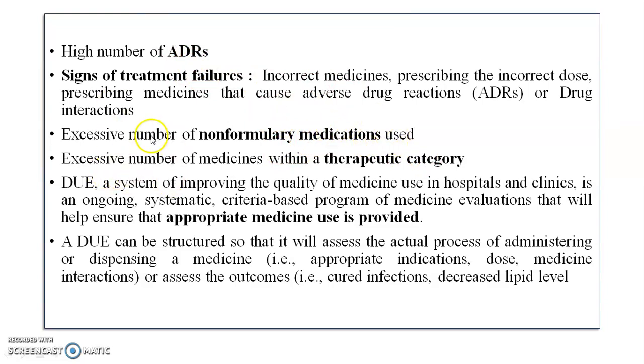So that's why DUE is a systemic improvement system of improving the quality of medicine use in hospitals and clinics, and is an ongoing, systemic, criteria-based program of medicine evaluation that will ensure appropriate medicine use. So that is the reason we need to do a drug utilization evaluation study.